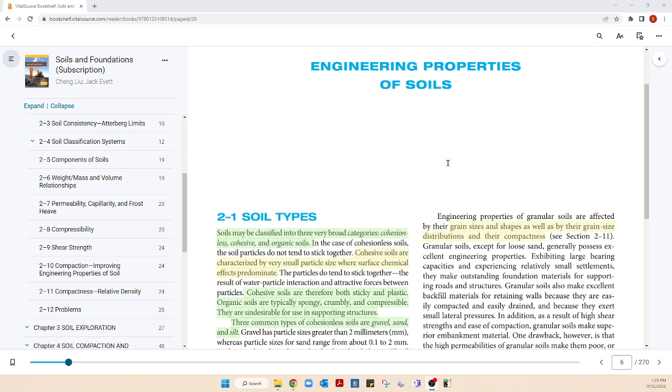We're going to continue on into chapter 2, the engineering properties of soils. I want you to read section 2-1 on soil types. You're just finishing or in the middle of week 6, which has to do with types of rocks, and so of course that led to types of soils.